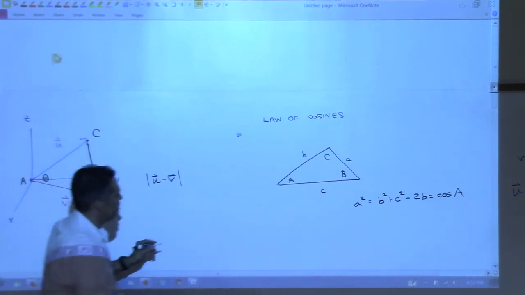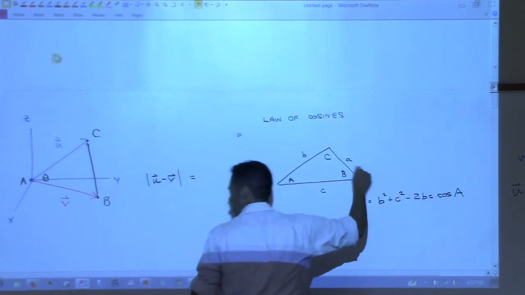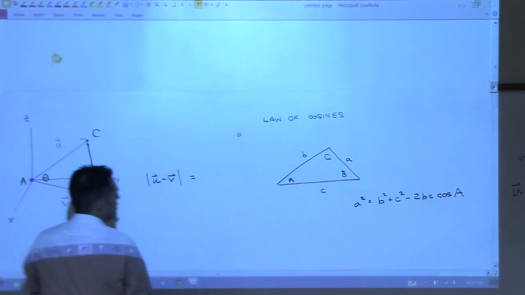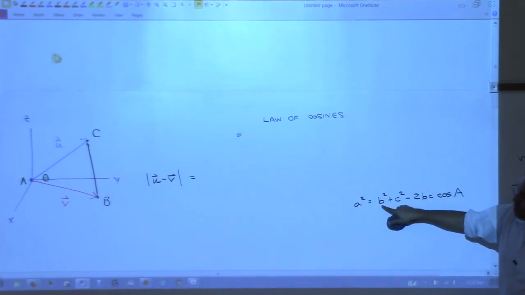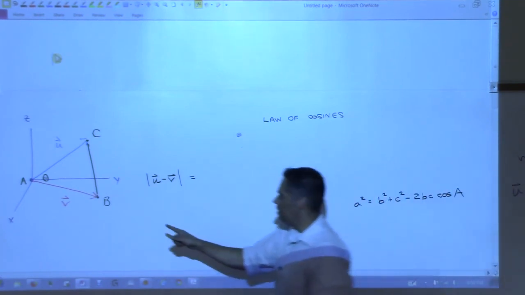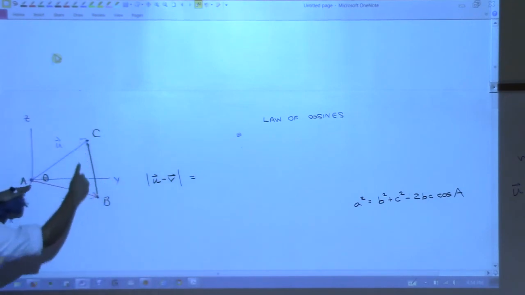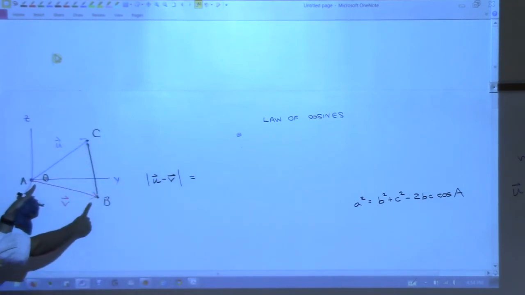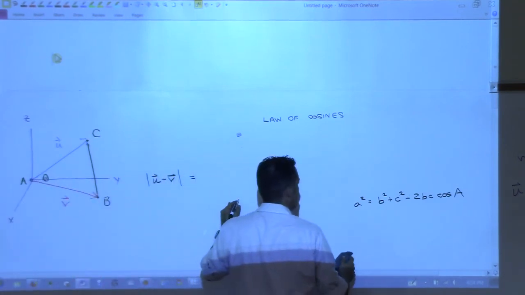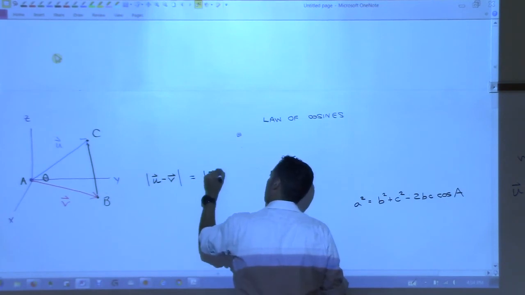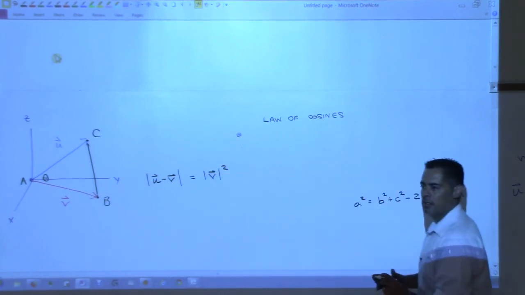Okay, equals, according to this, what would come next? B squared, which is this side or this side, doesn't matter which one I use. So this side, its length squared. What's the length of this? Length of V squared, right?